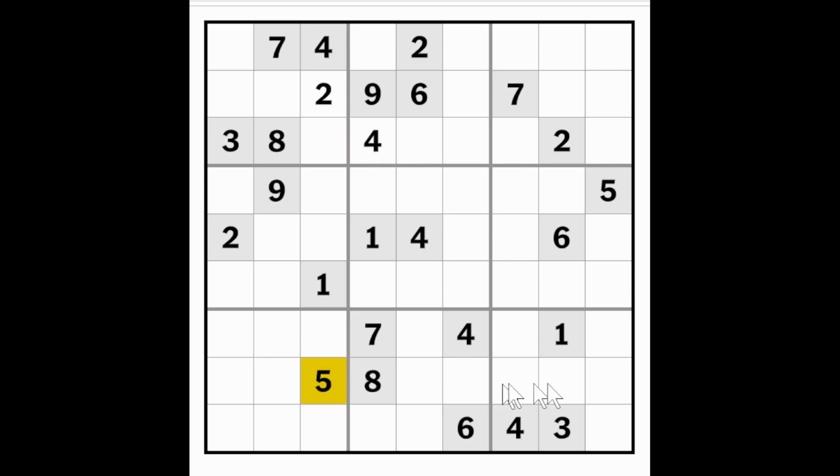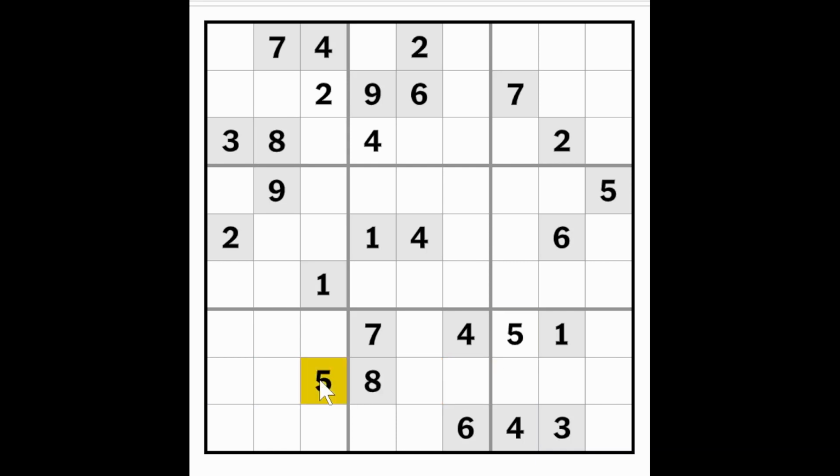This 5 blocks these three cells, and the 5 here blocks these three cells. Therefore, this must be a 5. And now one of these two must be a 5. So a 1, 3, 4, and a 5, we must find homes for them in these 4 cells here.